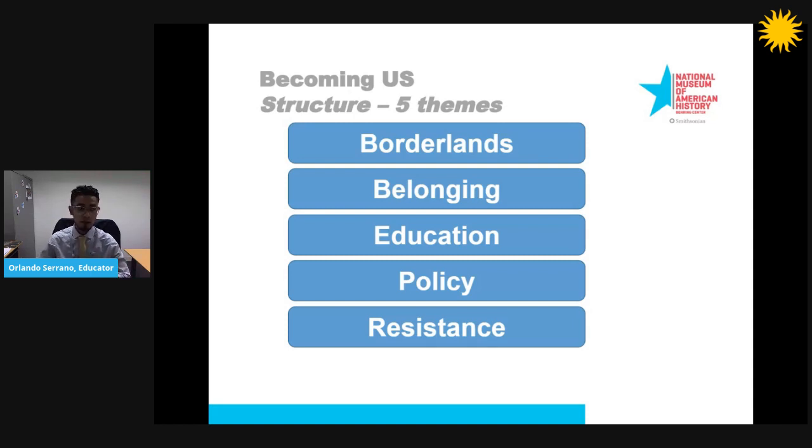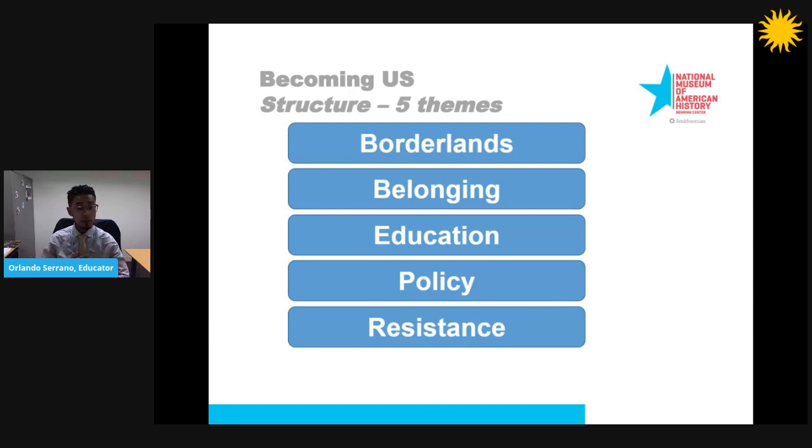Belonging, one of the really big questions that we had here is: who gets to belong? And how does that change during times of duress? And we'll see that a little bit more. That's a theme that we will really focus on. Then we thought about education and the ways in which migration and immigration function at the educational level, and then policy.